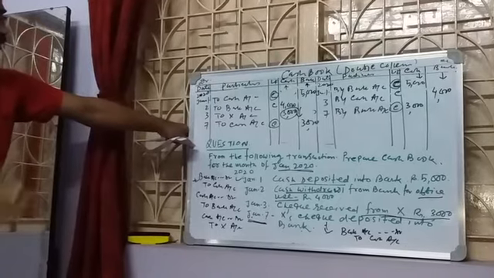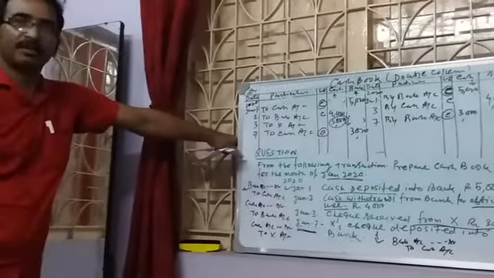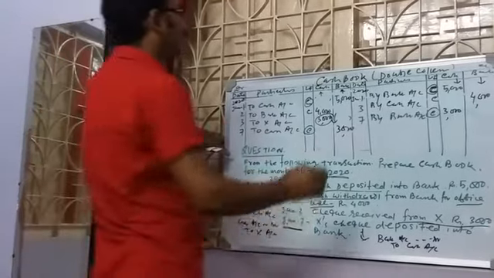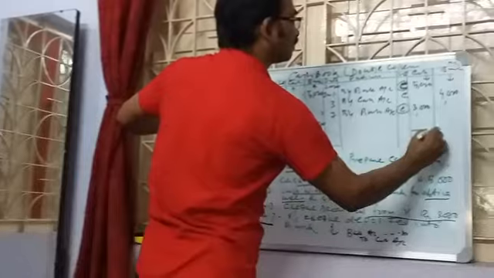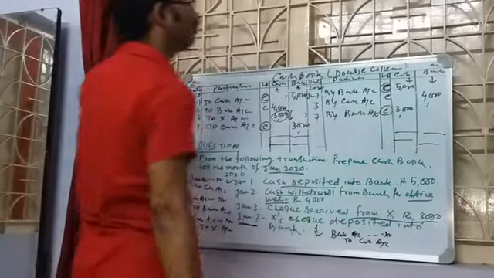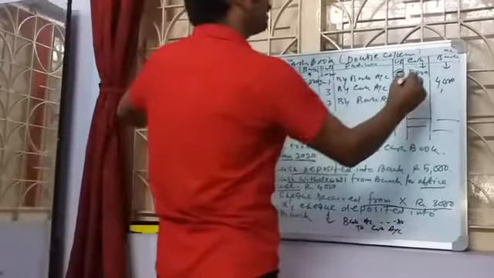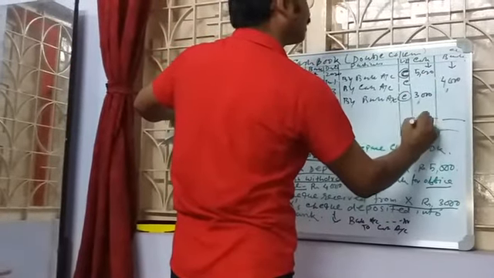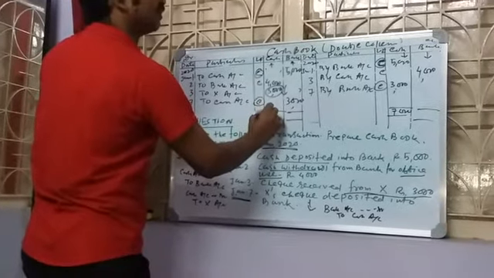So these are the applications of contra entry. Now, by the normal rules, you have to close the ledger and find out the closing balance. How can you close the ledger? 5,000 plus 3,000 is 8,000. You bring it to the opposite side.